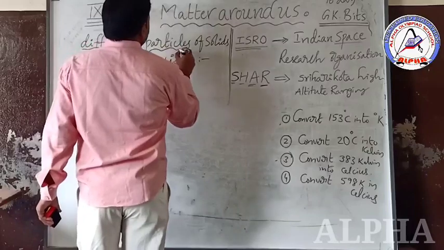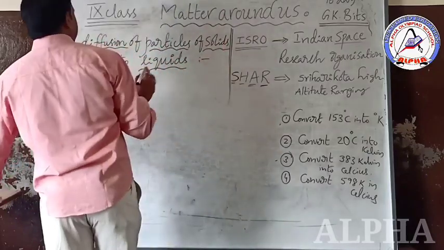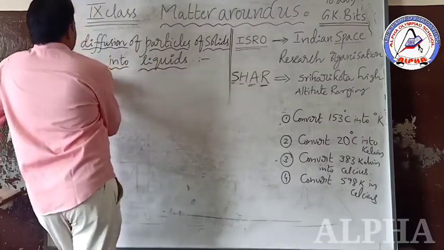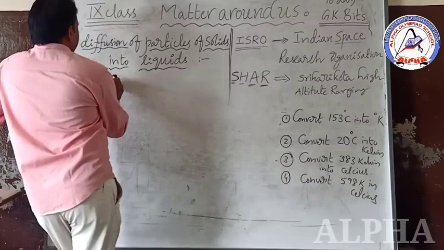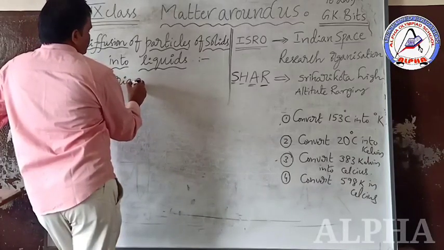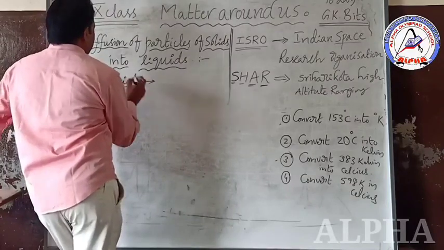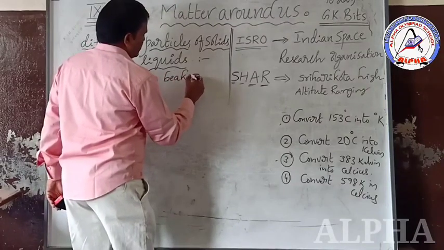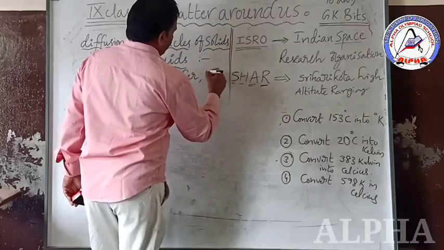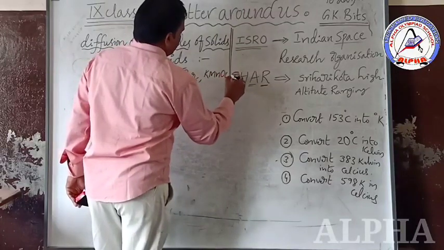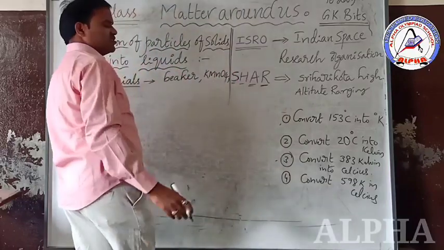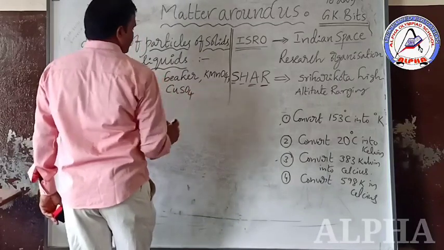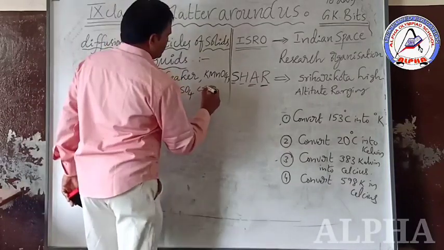For this concept, we need certain materials. This is an activity. Materials required: a beaker, potassium permanganate, KMnO4, and copper sulfate crystals, CuSO4.